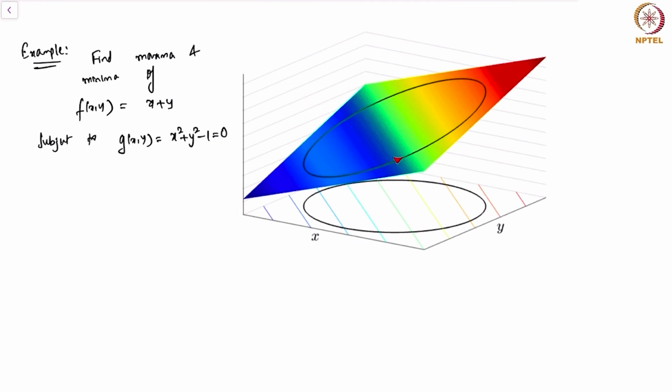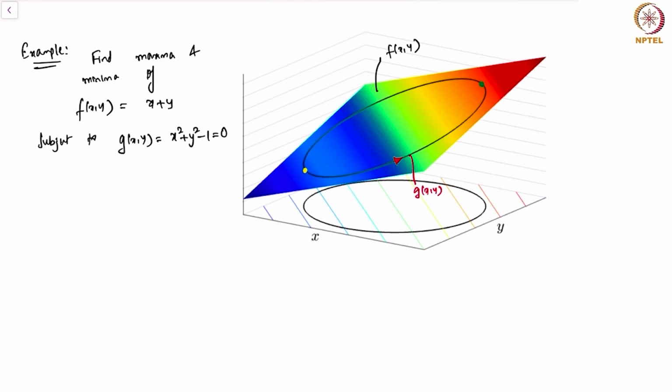So I'm showing with an arrow, that is g. So this is my g of x comma y, and the function itself, f of x comma y, is shown in color. Now, a couple of things to notice here. You can straight away say that this is the maxima and this is the minima, but we'll determine the coordinates of that. But I also want to highlight one more thing which I did not emphasize earlier.